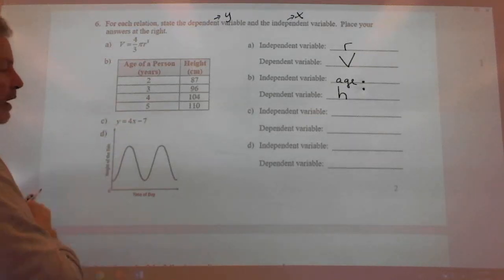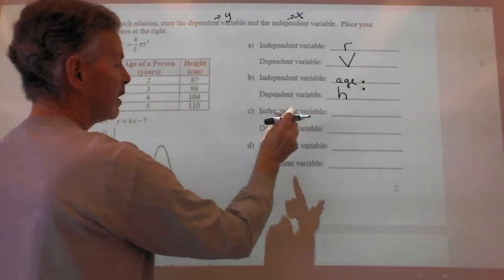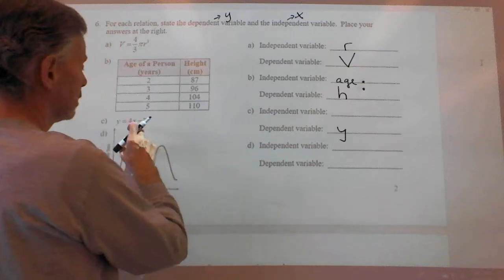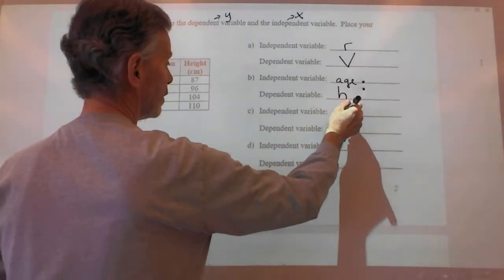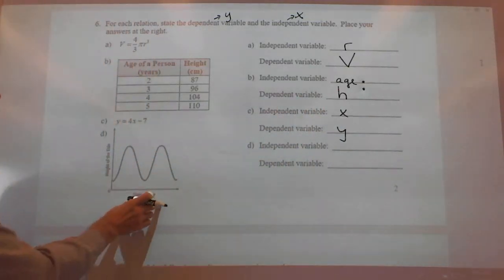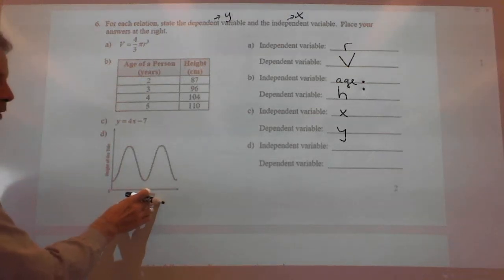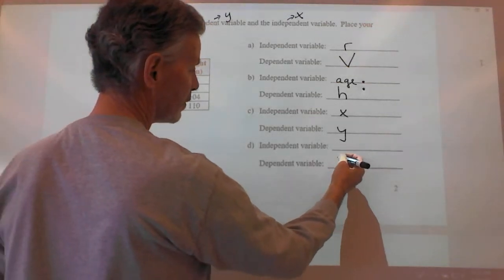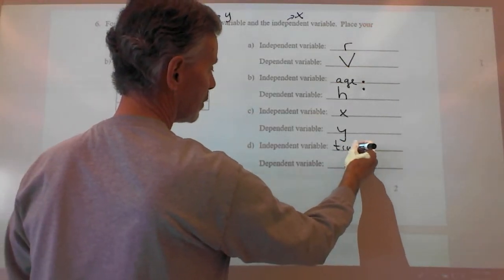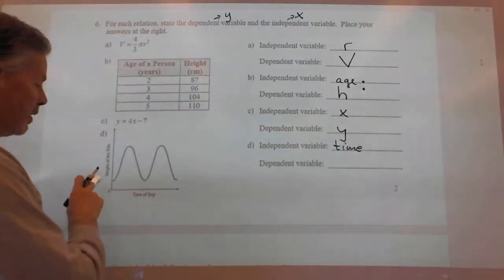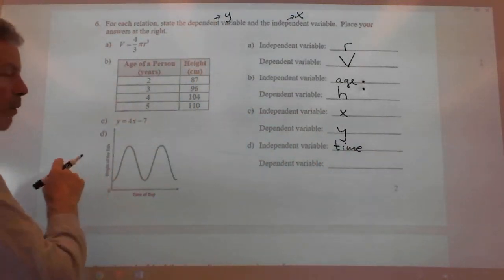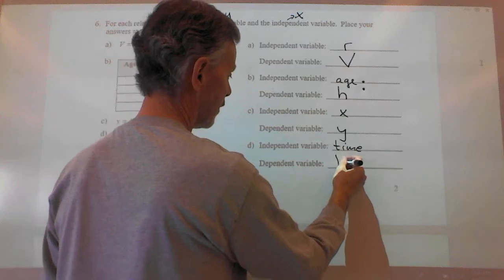Remember, the isolated variable is the y. That's your dependent. The x, your independent. And finally, if it's a graph, x is always your horizontal axis, so time, and height is your y-axis or dependent variable.